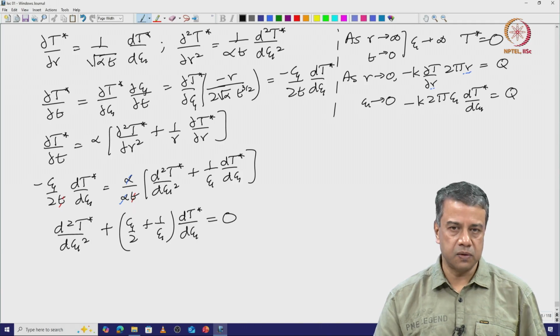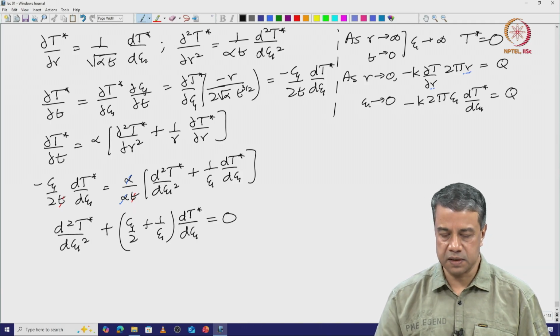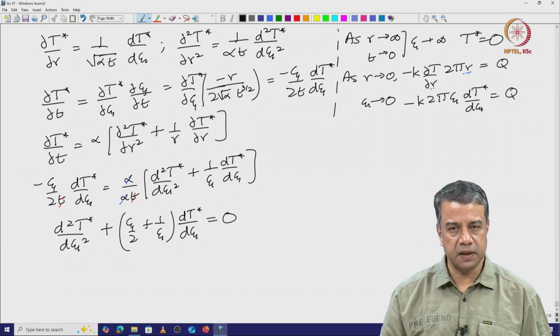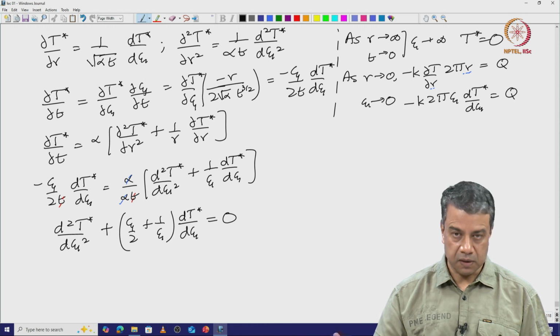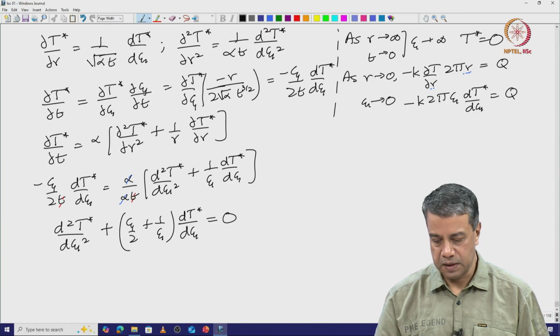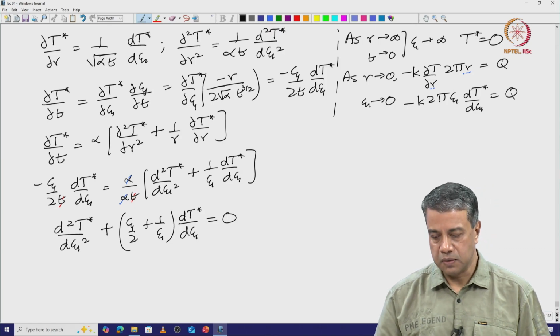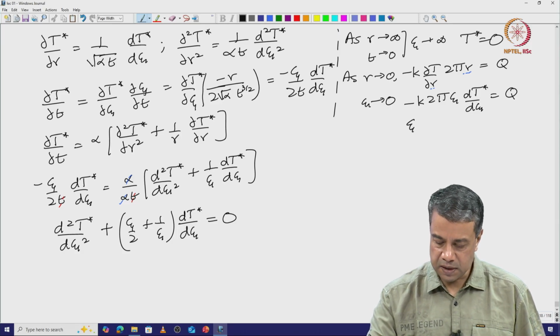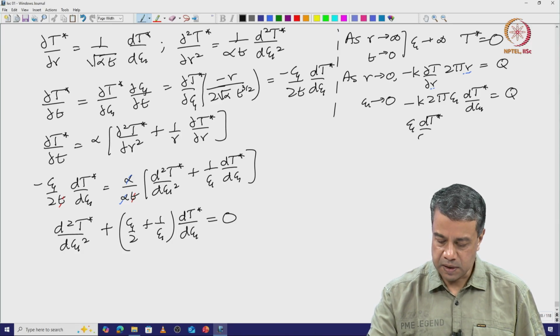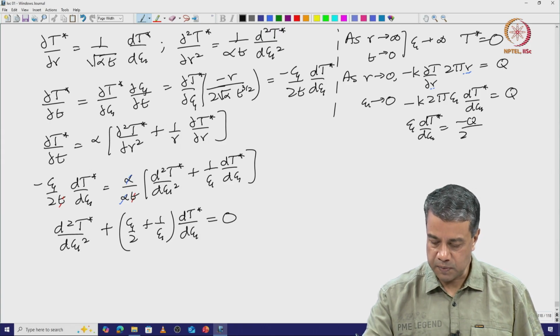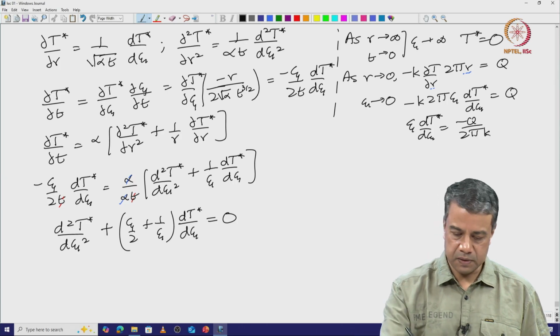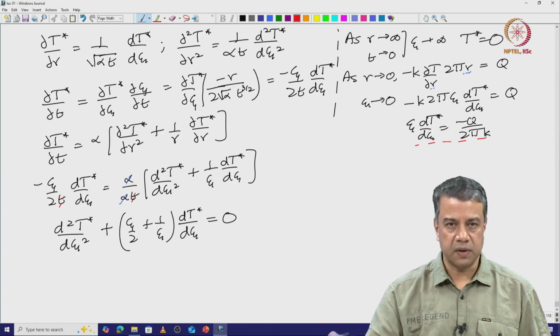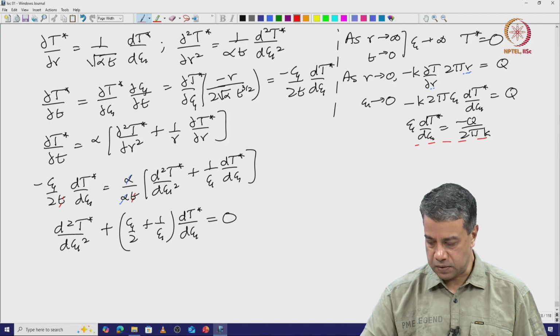So, these are the two boundary conditions in the psi coordinate. As psi goes to infinity, the temperature has to decrease to 0, which is either r going to infinity or initial time, and as psi goes to 0, you have this expression which basically reduces to psi times dT star by d psi is equal to minus q by 2 pi k. So, this is the boundary condition in the limit as r goes to 0.